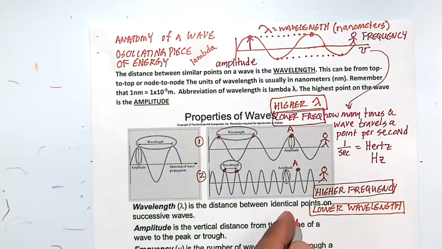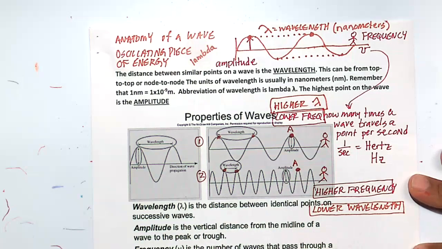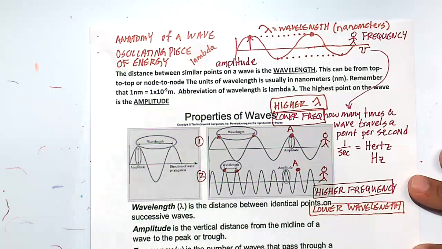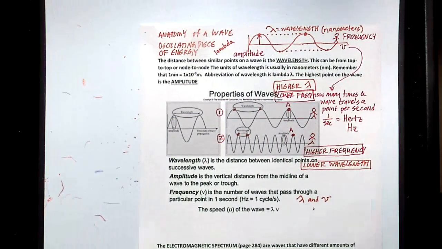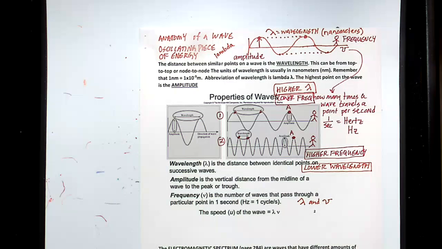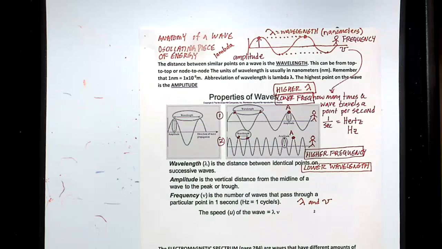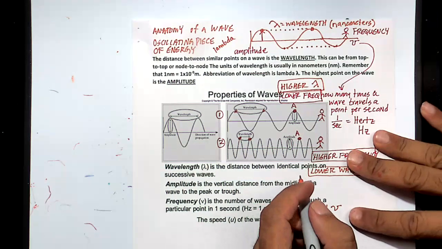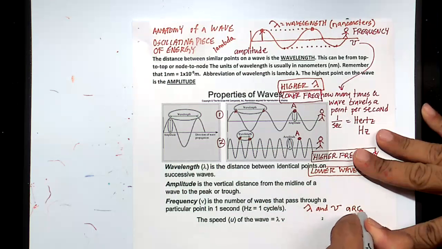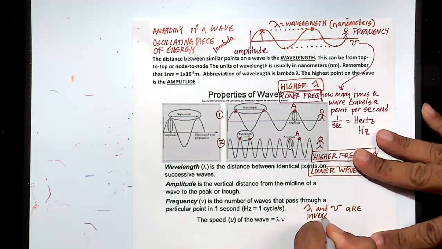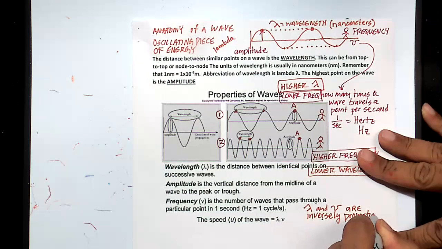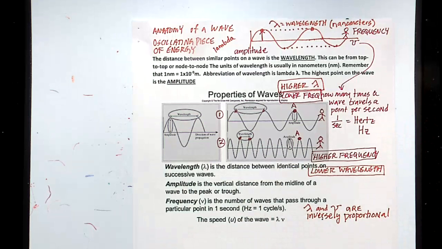So this brings us to another important point here. The wavelength lambda and frequency v of a wave are inversely proportional.